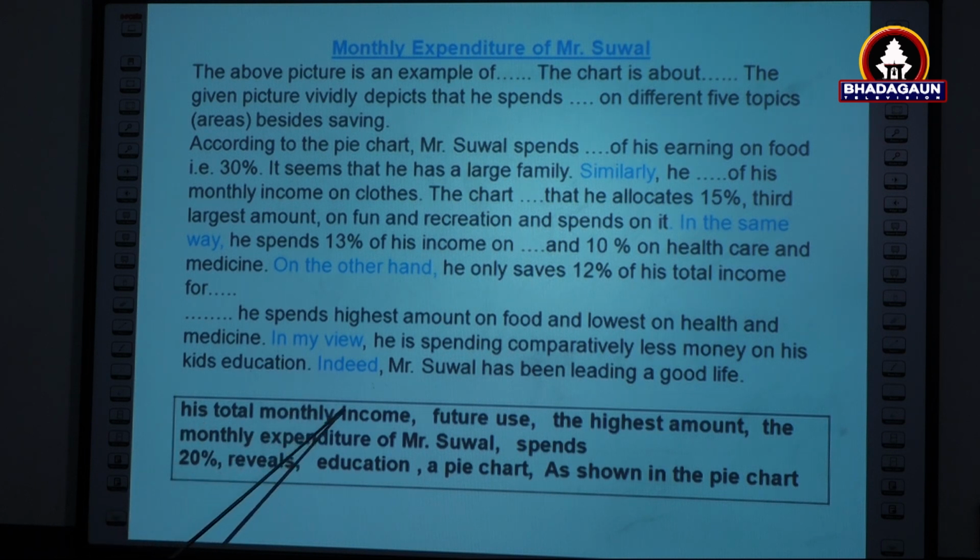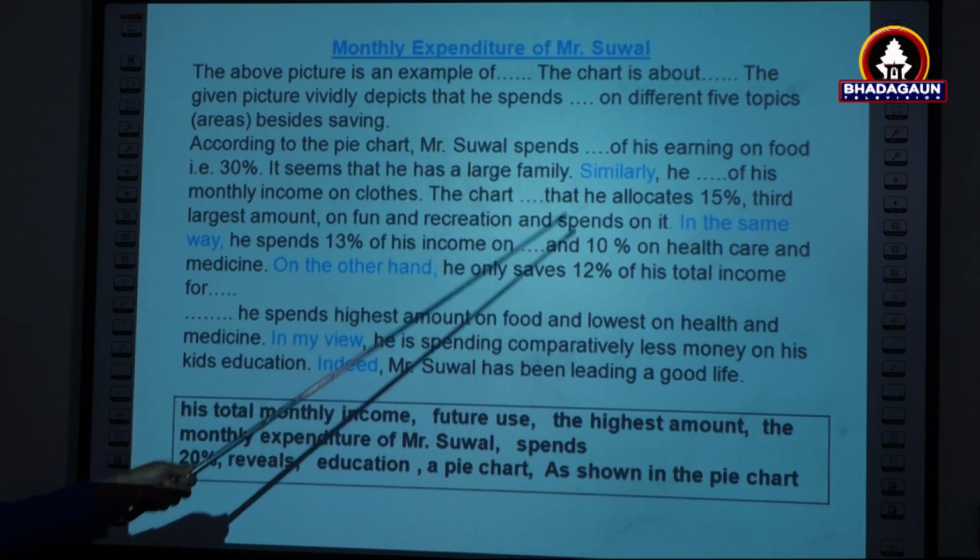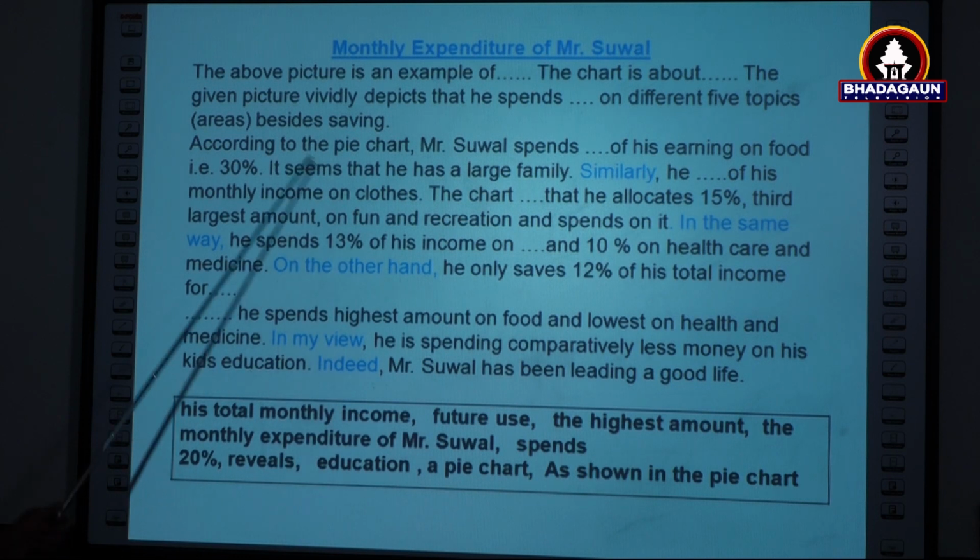His total monthly income, future use, the highest amount, the monthly expenditure of Mr. Sual, spends 20%, reveals, education, a pie chart, as shown in the pie chart. So these are the words you have to fill in those blank spaces. So what can be the first blank space answer?